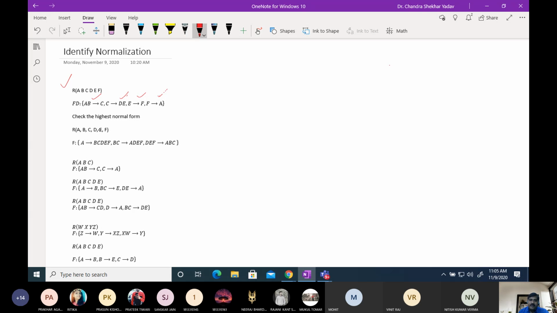Okay. So to identify the normal form of R, first we find out all the candidate keys. First step, we will find out all the candidate keys.